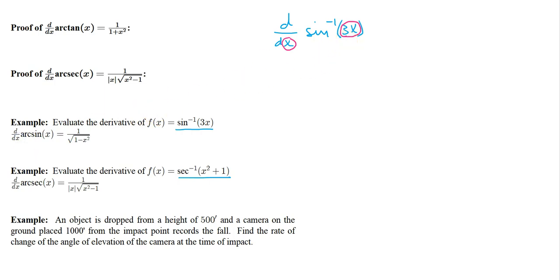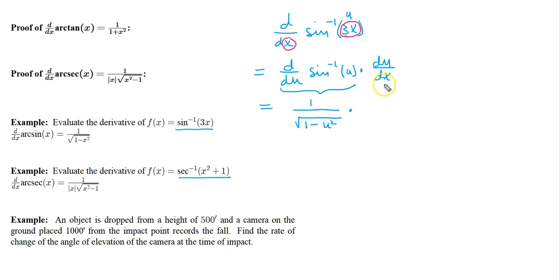So we will let the 3x be a u, and so this is going to be d du of arc sine of u times du dx. And the derivative of u with respect to x is just going to be 3.